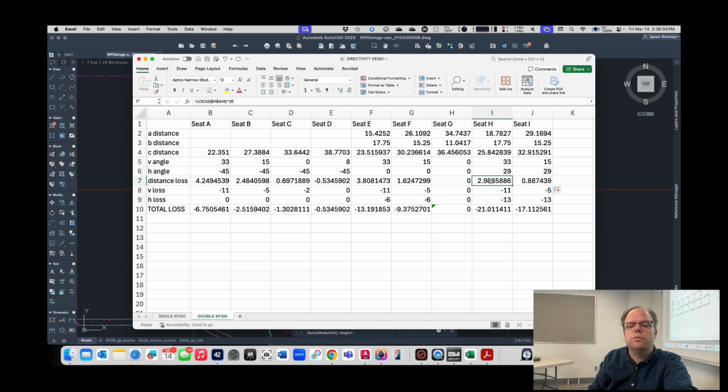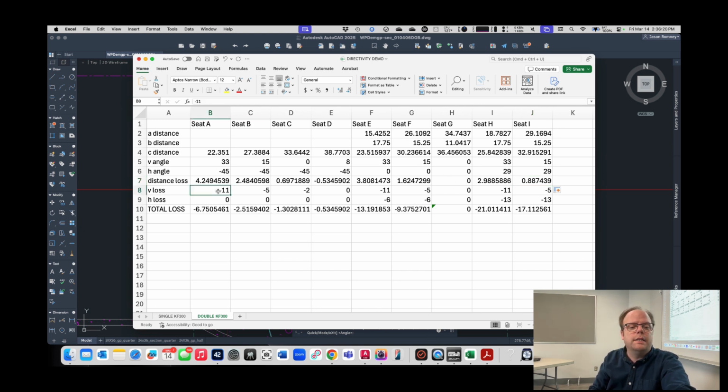That is H4 to I4, J4, H4 to J4. Yeah, okay, so I redid the distance loss just to account for it pointing at a slightly different seat. That'll just tell me the difference compared against that seat now instead of the other one.